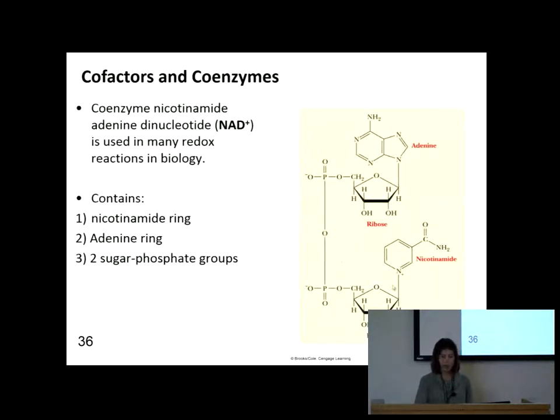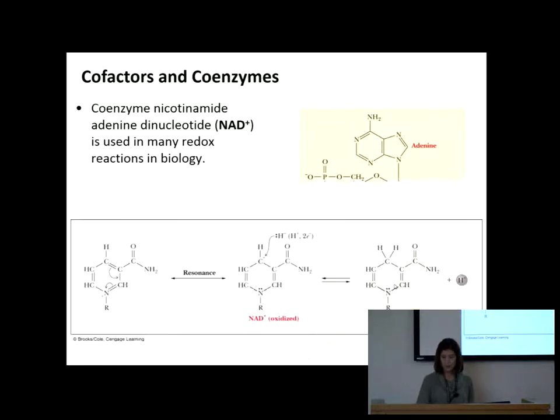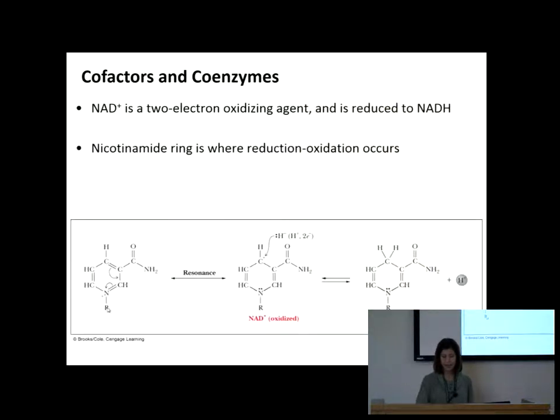Oftentimes we are very lazy, and instead of writing the entire molecule out, we'll just write R, like we talked about in organic. So here we're showing this nicotinamide ring, and we know there are two sugar phosphate groups and the base attached to it, but we're not showing it here. You can see that there's resonance between this structure and this structure.